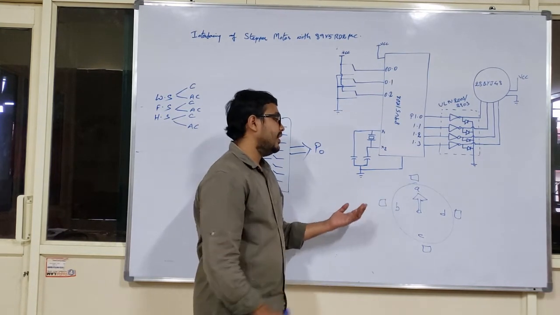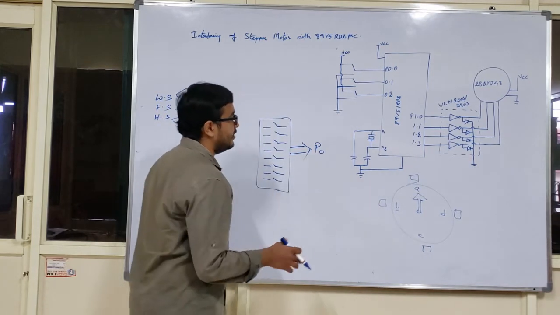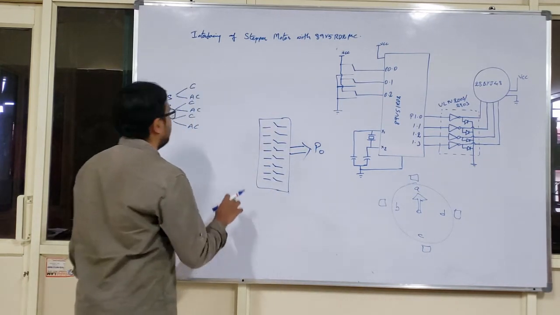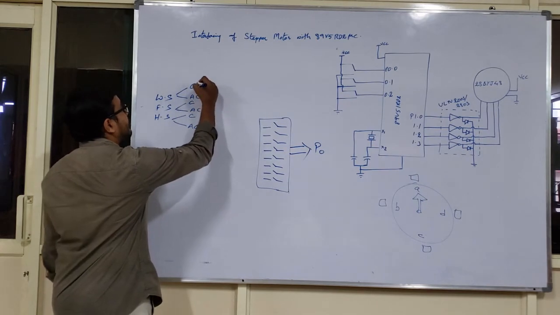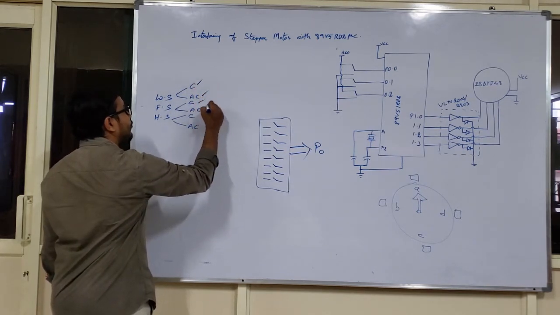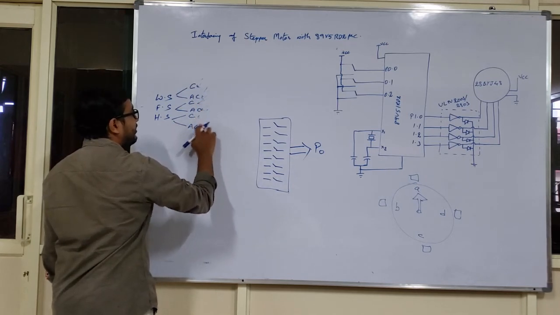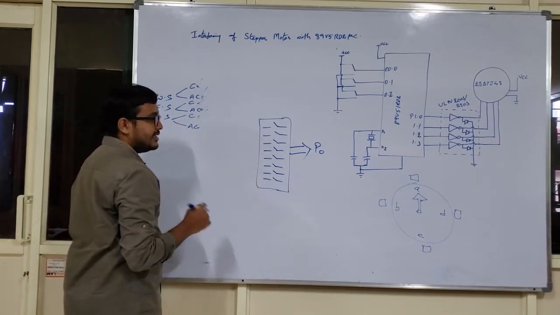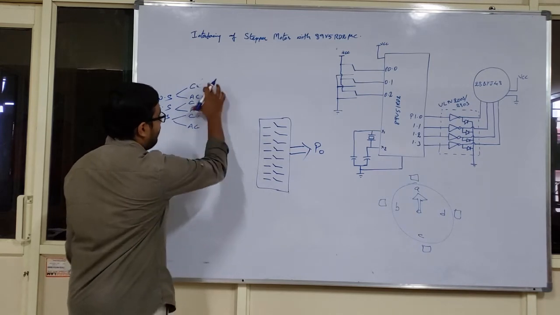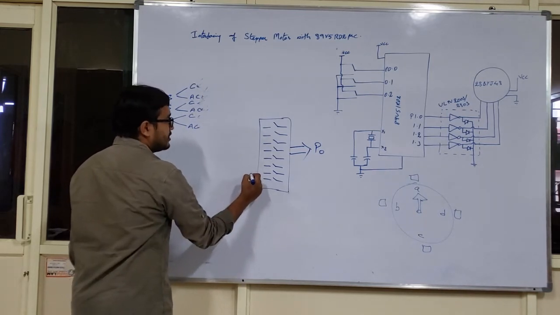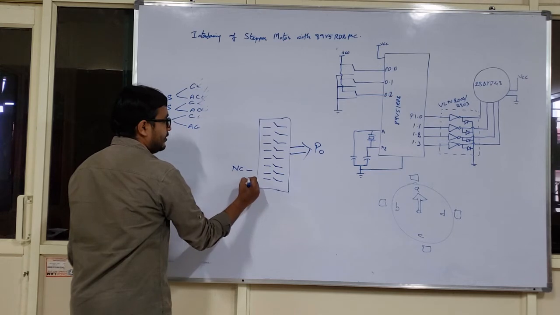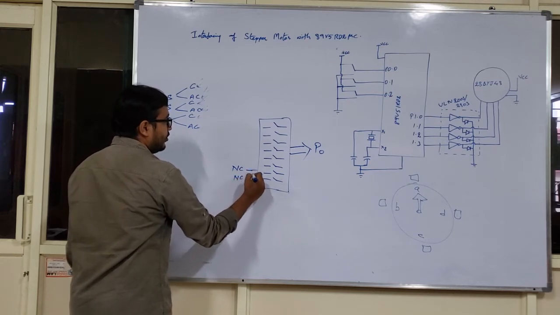Either of the movements I can exhibit to the stepper motor. So here I can develop 6 combinations, which means I can use 6 subswitches for all the 6 combinations, and the last 2 subswitches I will be using for no connection.